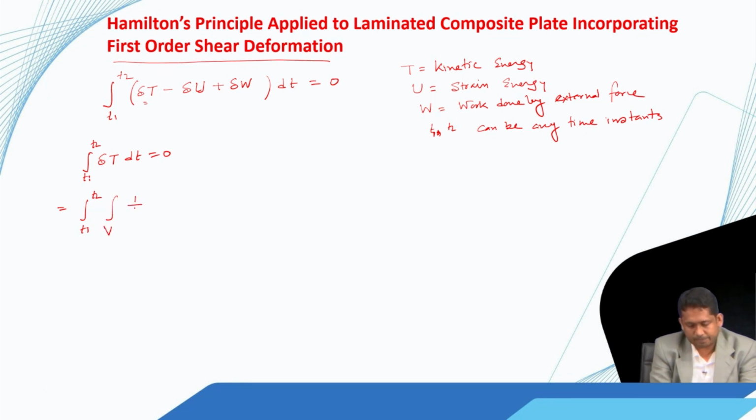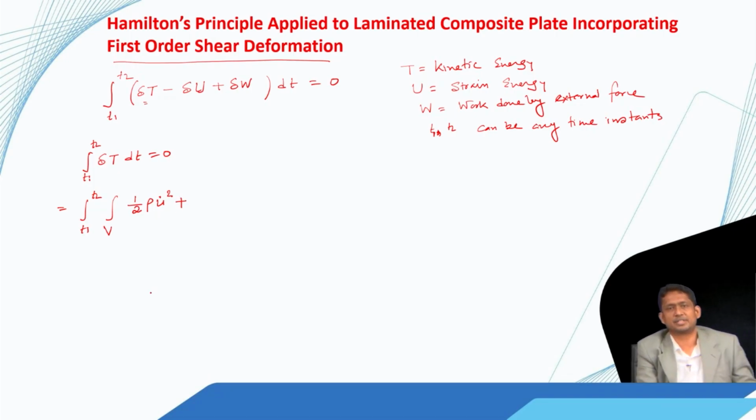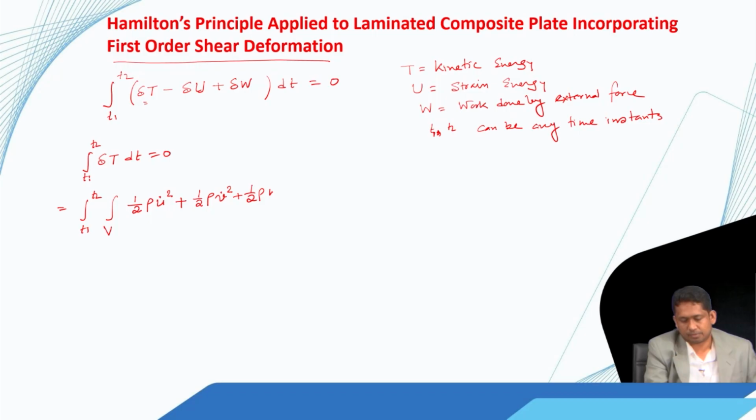So, we have half rho U dot square, this is kinetic energy corresponding to motion along direction x, plus half rho V dot square plus half rho W dot square, and we integrate it through the volume V, and its variation is here.